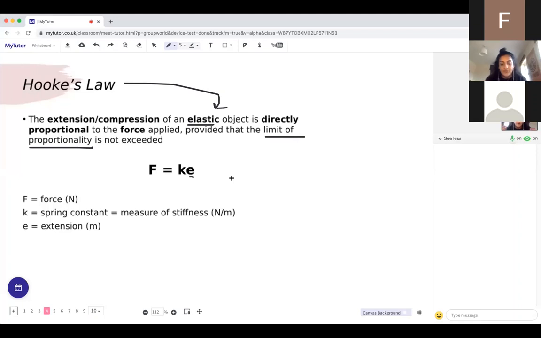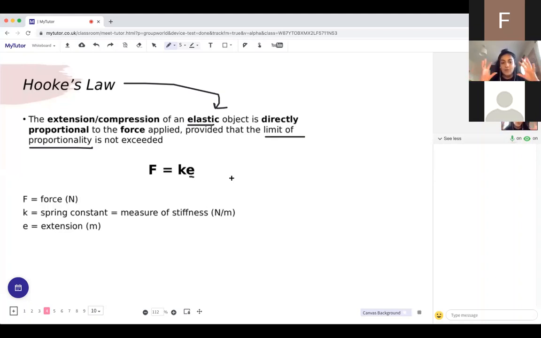So just to explain Hooke's law again, Hooke's law is talking about how we extend an object using a certain force. What it's saying is that if we apply a force, we extend it by a certain amount. If we then double the force that we apply, we double the extension.